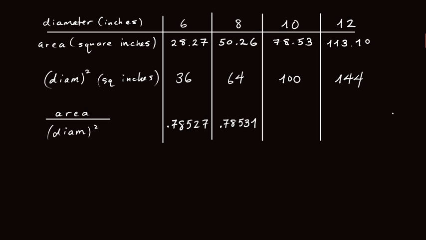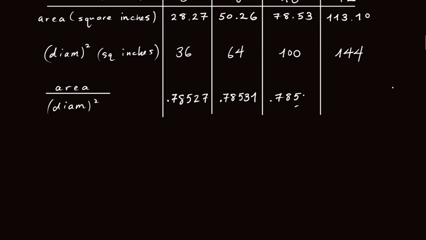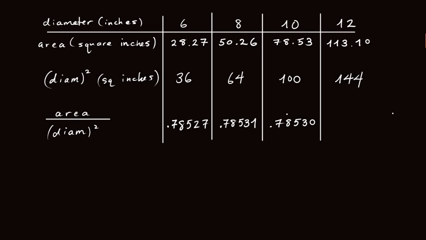Let's see if the pattern continues. Here's an area of 78.53 divided by 100. I get 0.78530. And for an area of 113, I divide that by 144. I take the ratio, and it is 0.78542 according to my calculator.